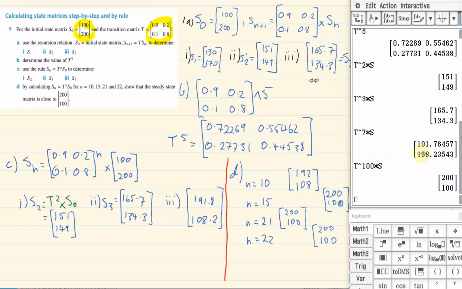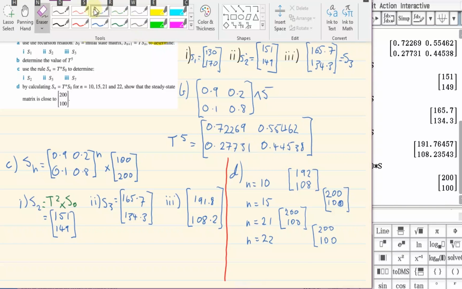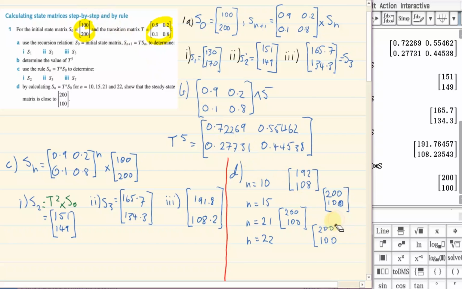We hit 100 and it's rounding completely to the nearest whole number. That proves that the steady state of this matrix is 200 and 100. Whatever we do past effectively 15, these numbers won't change. So that's our steady state.